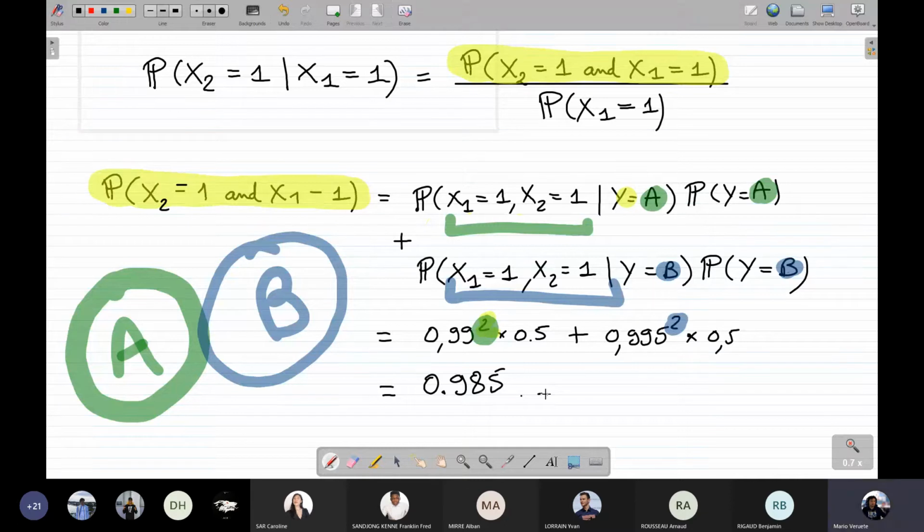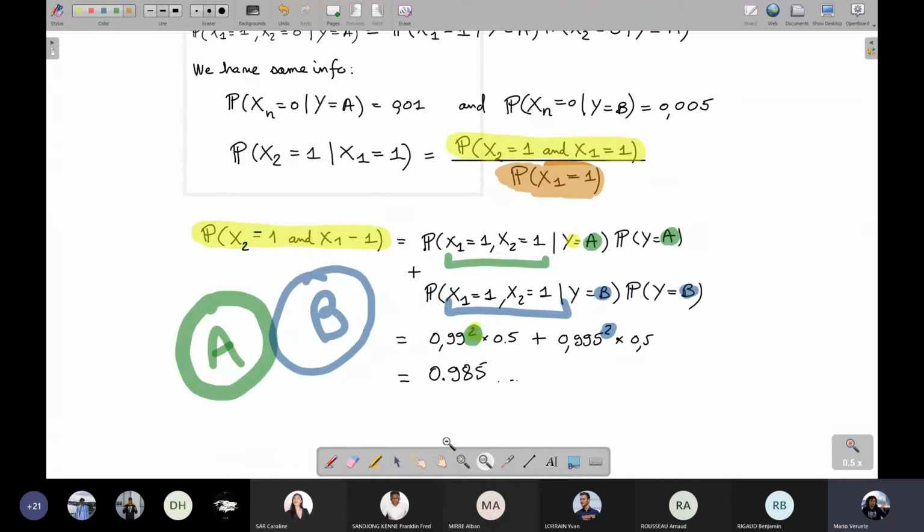Okay, so that's for the numerator. Now, what can be said about the denominator, the brown one? The brown one is just the probability that x equals 1. Wait, I'm a little bit confused here. No, that's right.